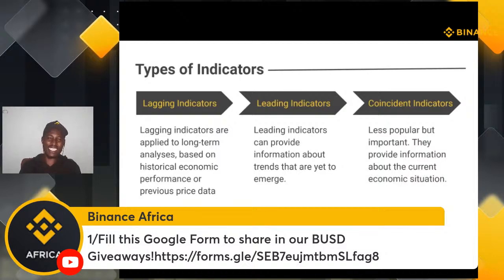Because lagging indicators are based on previous price and data, it might take some time before you realize what is really happening in the market, and before you take a position, you might have missed a lot of gains. So it will mostly result in lower gains for you. Those are just a few advantages and disadvantages of these two types of indicators.